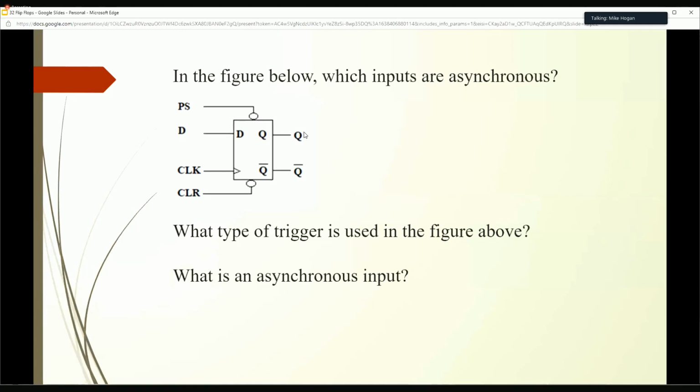It's going to set my Q to 1, right? Preset, if it's active, I get a 1. Clear, if it's active, I get a 0 on Q, right? So those are both active low, I'm looking for 0s. So those are my two asynchronous inputs.